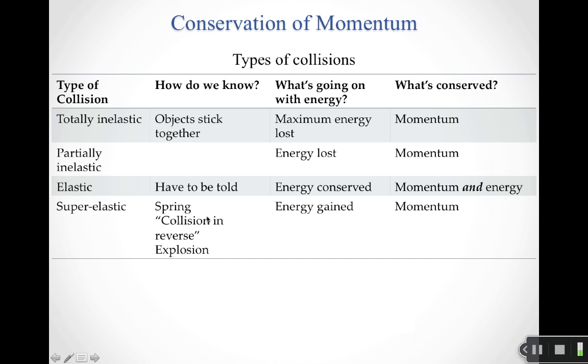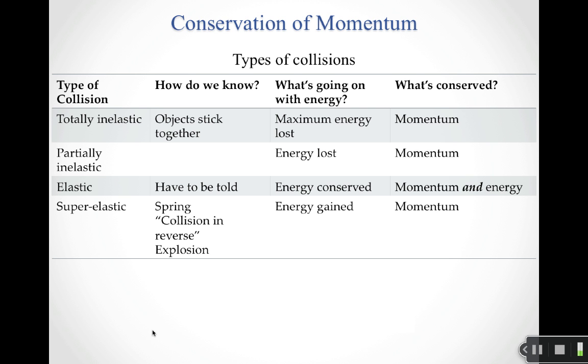Another option is that maybe what I actually see is effectively a collision in reverse, or what you might think of as an explosion. A superelastic collision where I've got more energy at the end often looks like a collision where you're running the movie backwards. So instead of two things coming and sticking together, maybe I have two things that are already stuck together and blow them apart. Again, momentum is going to be conserved because the forces blowing them apart are all internal.